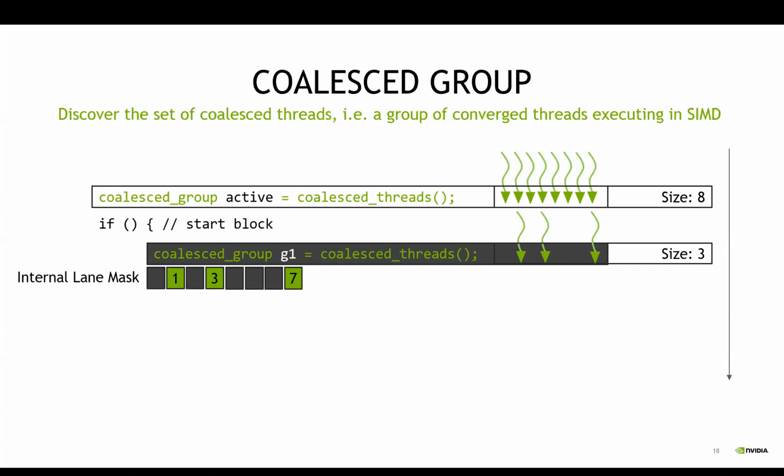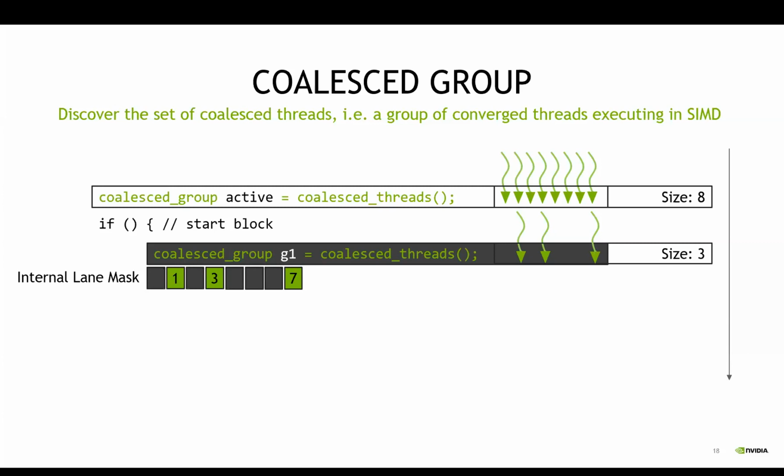Now at that point I may have additional conditional behavior that further subdivides my group. So I might hit an if statement which only allows some of the threads in this coalesced group to execute the body of the if statement. Let's pretend that that if statement resolved in such a way that only 3 of my 8 threads proceeded to the body of the if statement.